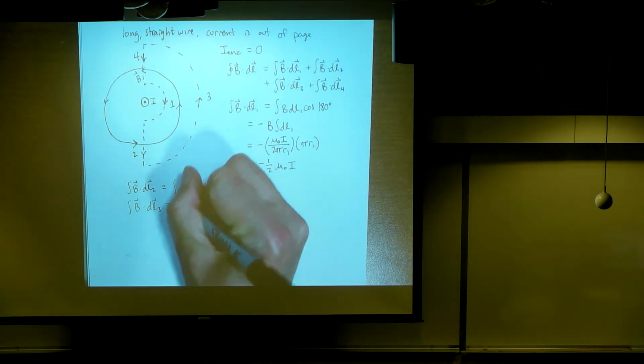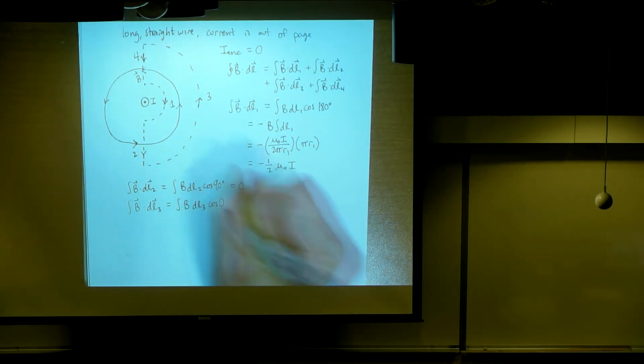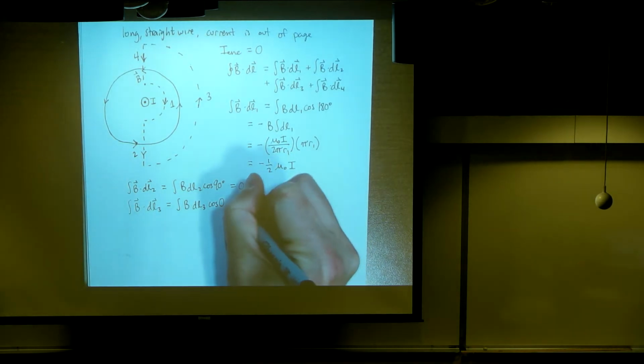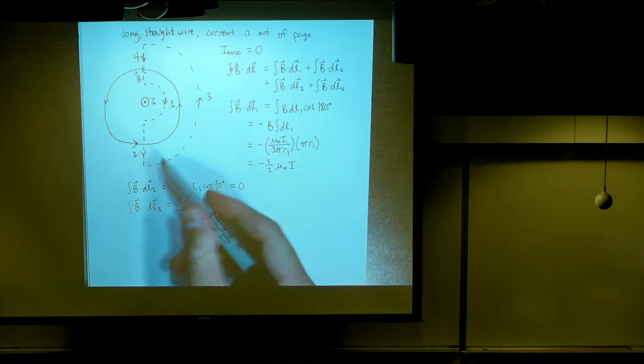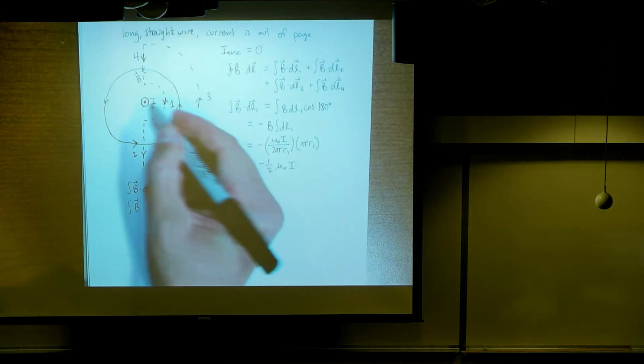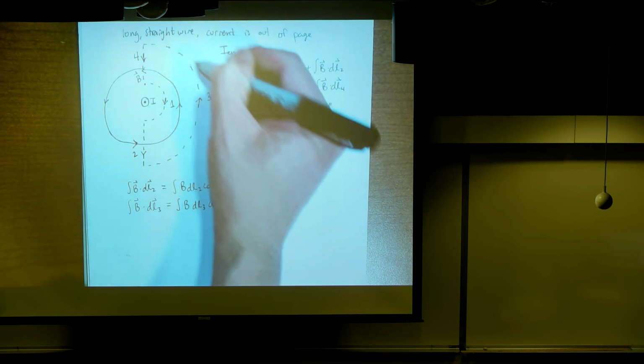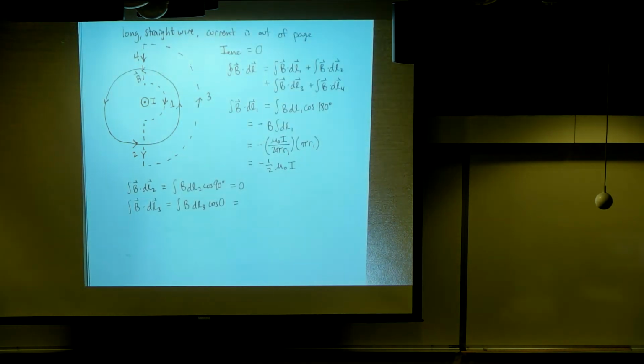So what we have is B dL3 cosine 0, which gives us a factor of 1. Also, just like before, because this is a circular path, we're always the same distance away from the wire. Means the B field is the same strength everywhere along this path. That's why you can pull it out of the integral, okay?